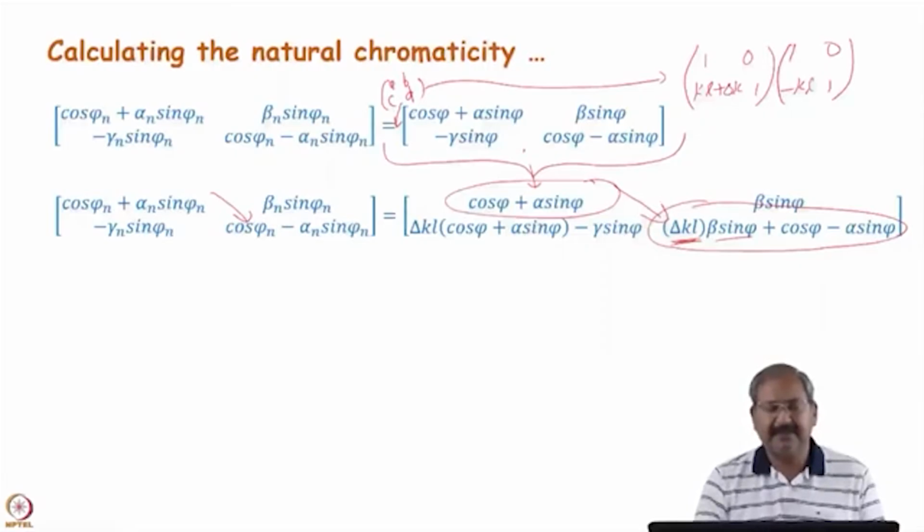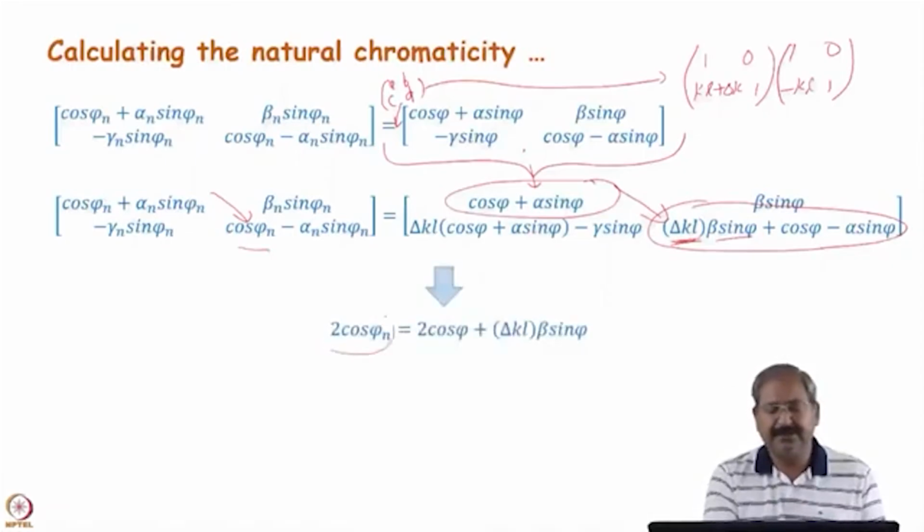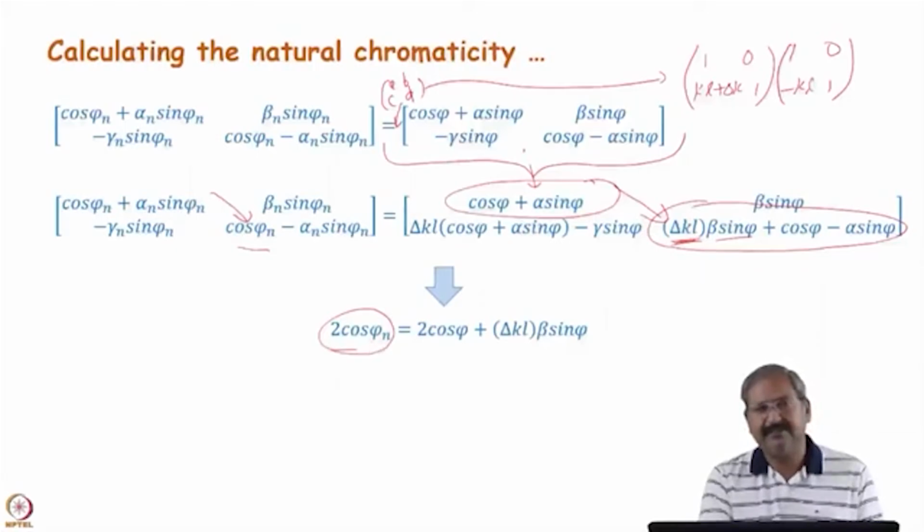When we compare the trace, only cos phi will be there. So on the LHS, in the new lattice, we don't have any twiss parameter, and it will be easier to obtain the phase change. And if we obtain the phase change, we can obtain the tune change, and chromaticity is defined by the change in tune.